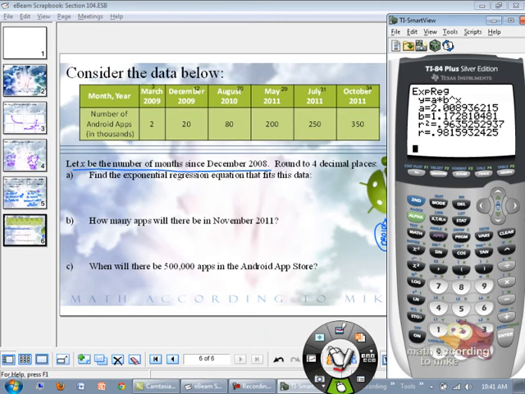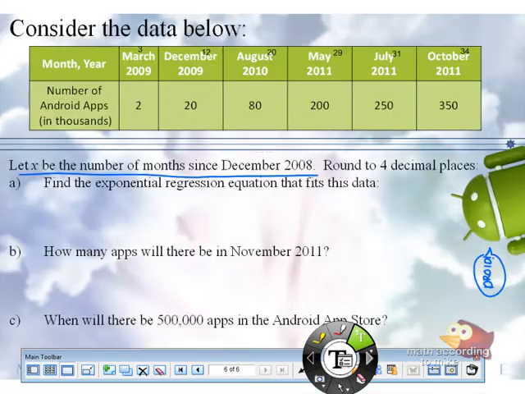So let's round this to, let's say, 4 decimal places. So notice the format is y equals a times b to the x. So a is like the coefficient, b is the base in this case. I can't memorize those numbers, so I'm going to ask you guys to do that for me. Find the exponential regression that fits the data.